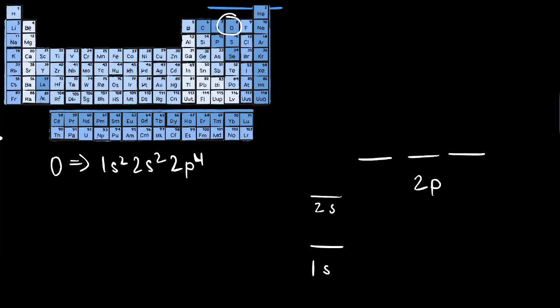There are a couple of rules that you're going to want to follow that are based on certain scientific principles, and I'm going to detail those in another video dedicated directly to orbital diagrams. But in this case, we can see what is applicable here. In our electron configuration, 1s has 2 electrons, the 2s has 2 electrons, and the 2p has 4 electrons. So now we're going to draw this out using the arrow notation for our electrons.